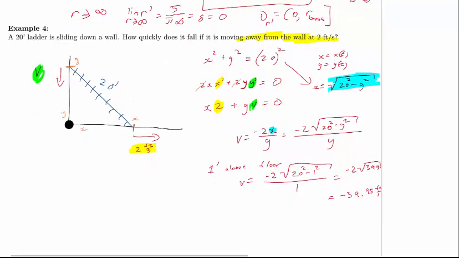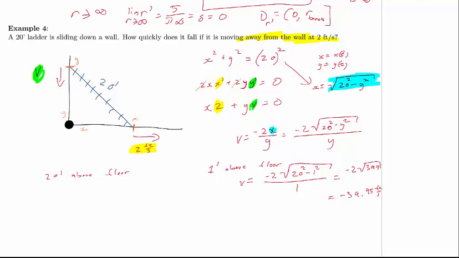All right, so one other thing. How fast is this ladder traveling when you're 20 feet above the floor? I want us to think about this before we do any math. What does it mean when it's 20 feet above the floor? How long is this ladder? It's 20 feet. So if the top of the ladder is 20 feet above the floor, it means the ladder is straight up. It's not coming down. Its velocity should be 0.